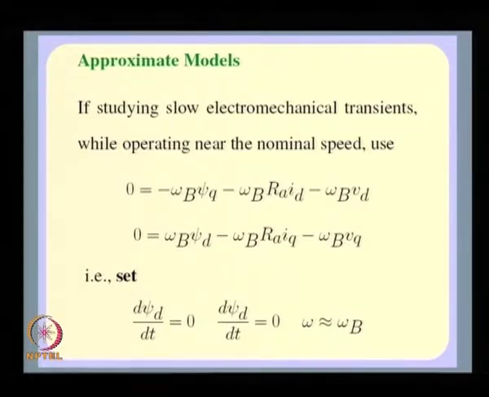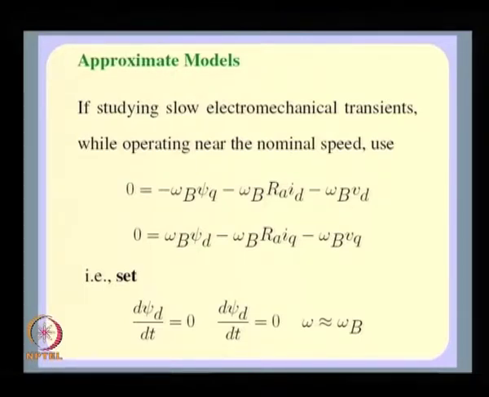You cannot use this approximation of omega approximately being equal to omega b if you are trying to simulate or understand a synchronous machine right from the process of synchronization. Okay. That is starting rolling the generator and getting it near the synchronous speed. When the speed is not too close to the synchronous speed, we cannot make that approximation of omega being approximately equal to omega b in this particular equation.